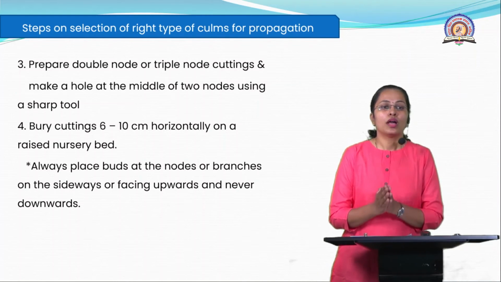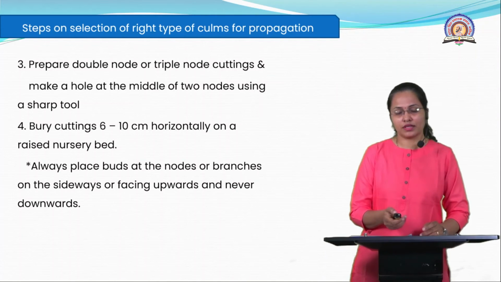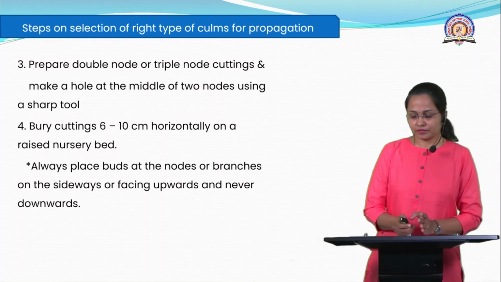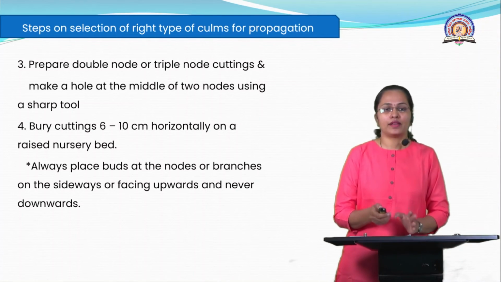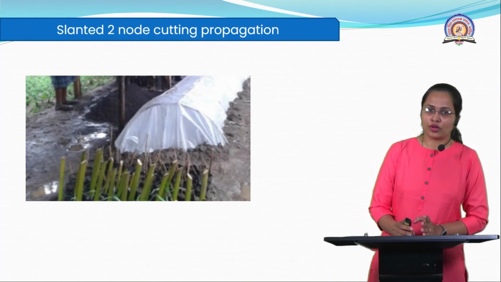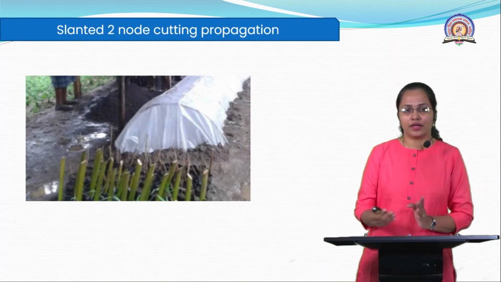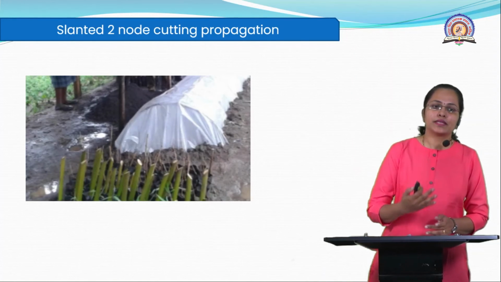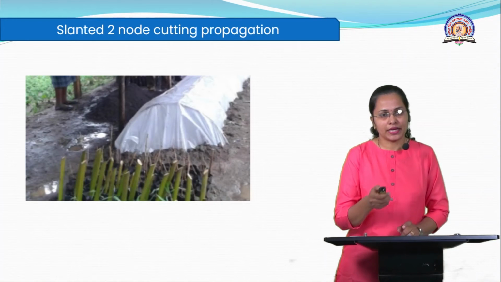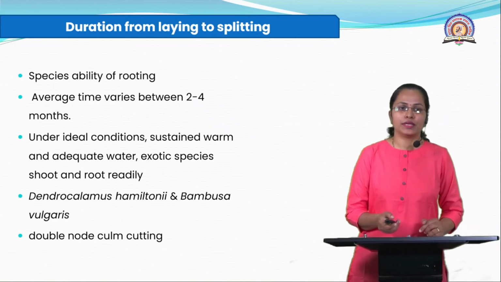After putting these cuttings on the nursery bed, we have to wait for 2 to 4 months, and within 2 to 4 months we'll get a very good amount of plantlets from this stem cutting. We can see here that the tip planting should face towards the sun, not towards the soil.